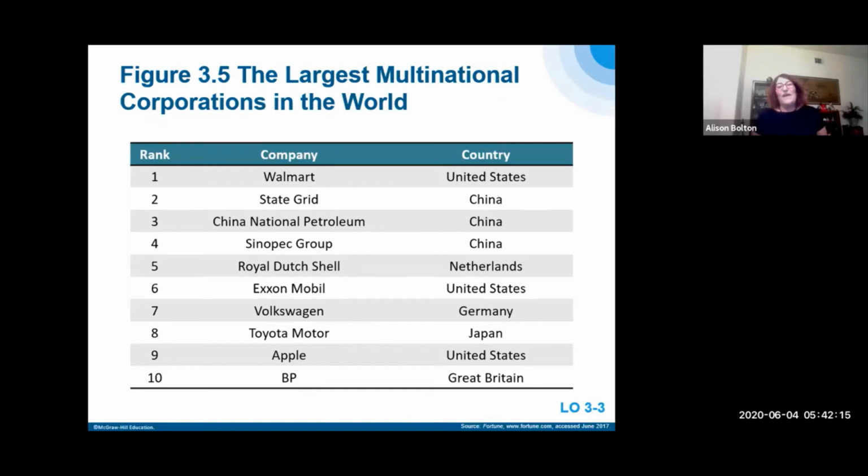And of course, we have Apple here in the US. And then BP stands for British Petroleum Oil Company. And they do the most amount of drilling for oil out of Great Britain.